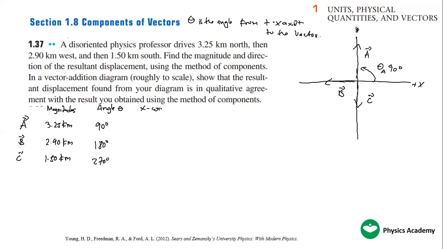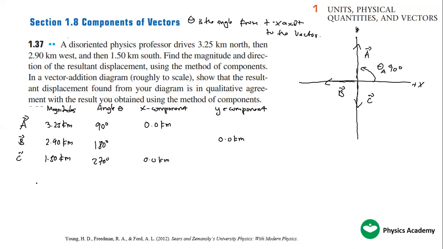You have X component and you have Y component. Here you can see that your A only lies on the Y component, so no X component, 0.0 kilometers. Also, your B lies on the X, meaning it has no Y component. Also, your C lies on Y, so it has no X component.